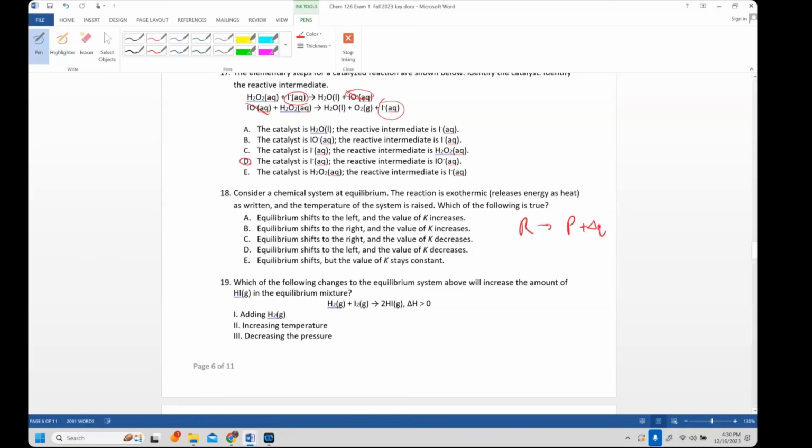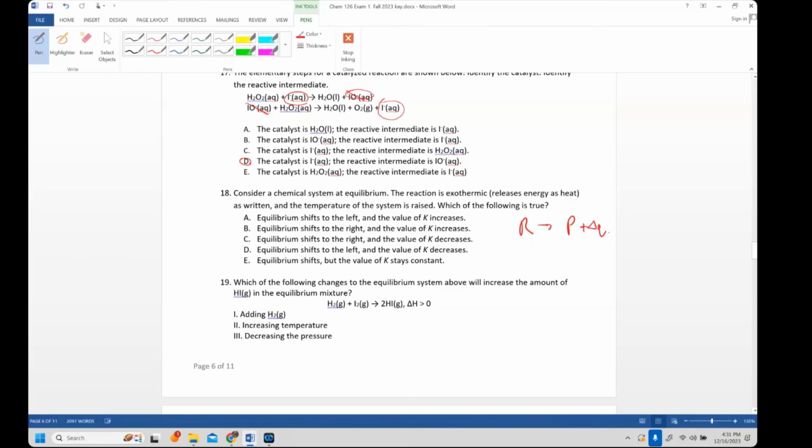So I think I made a mistake before. I think I said that the equilibrium constant doesn't change with temperature. It does, because it just shifts everything over. So here's what we can say based on that.